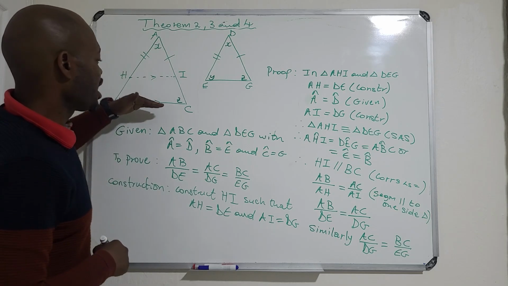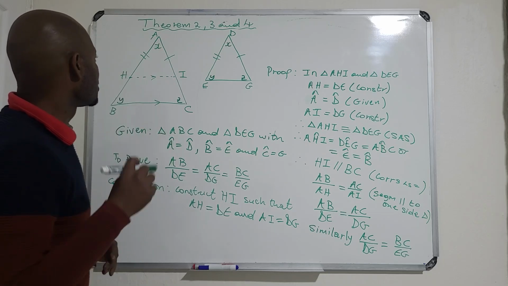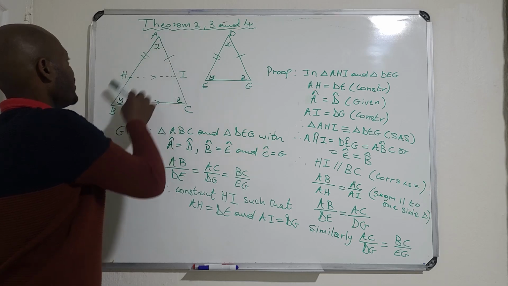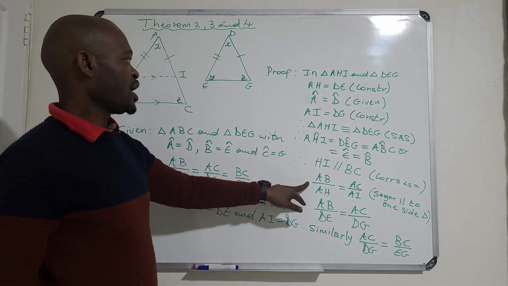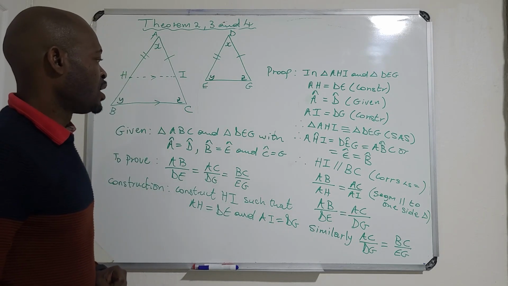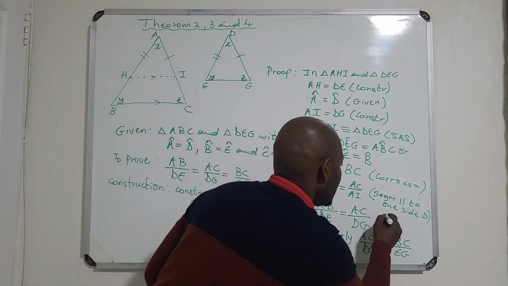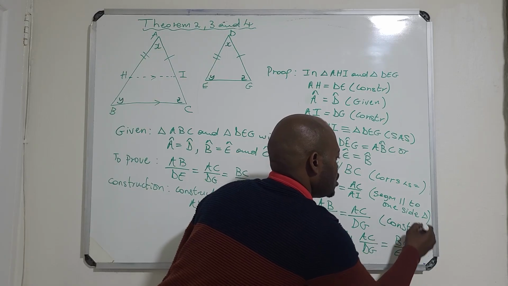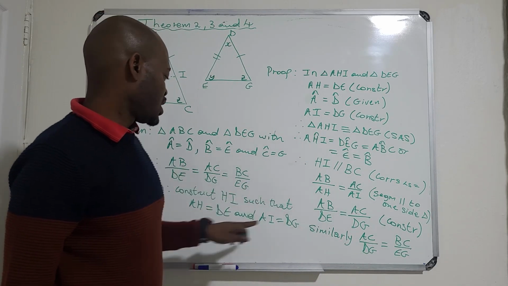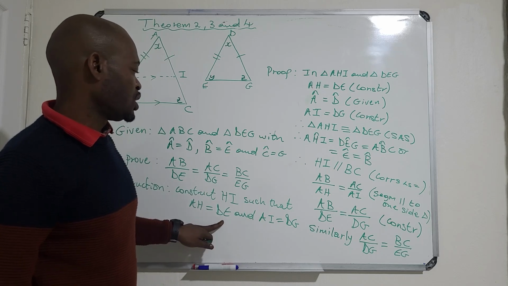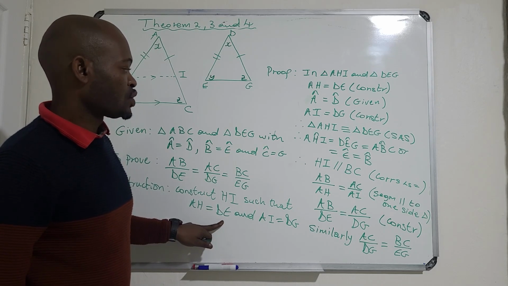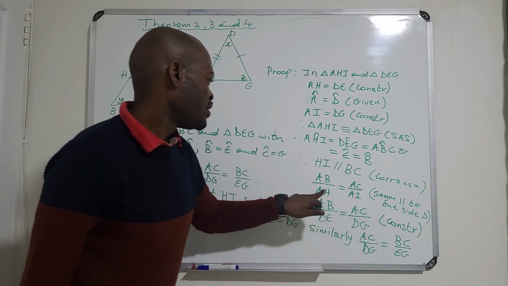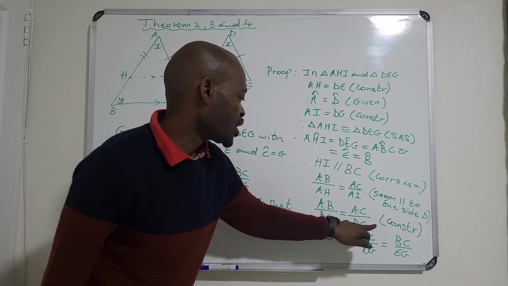Once we have proved that, we can use theorem number 1, because when a line is parallel to the third side, it divides the other two sides in the same proportion. Here I give my reason as construction, because we constructed it in such a way that AH is equal to DE.